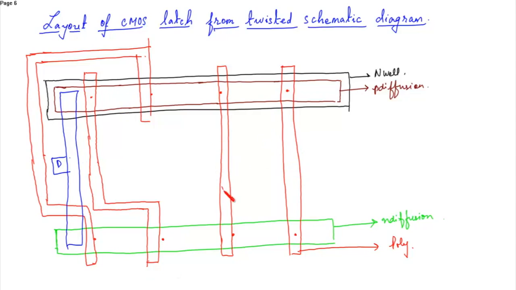This is Y, this is X. So before that, we'll connect this later on. This is connected. Okay, this is the output Q.